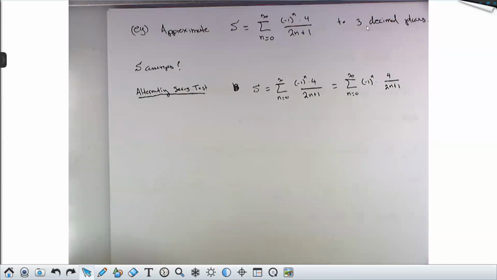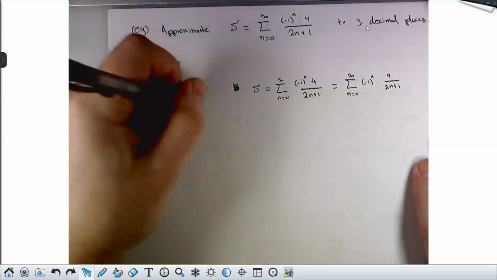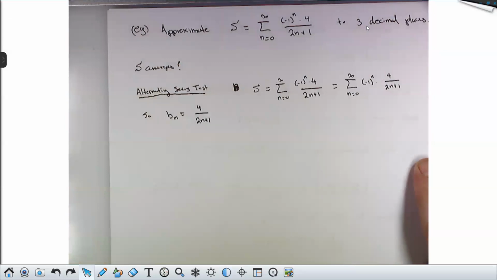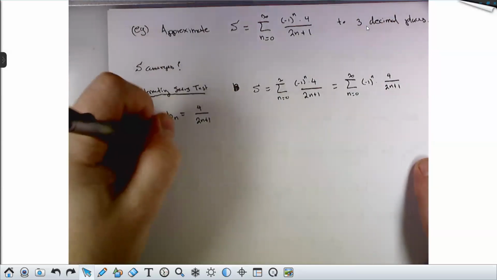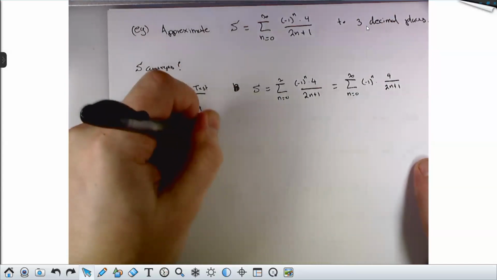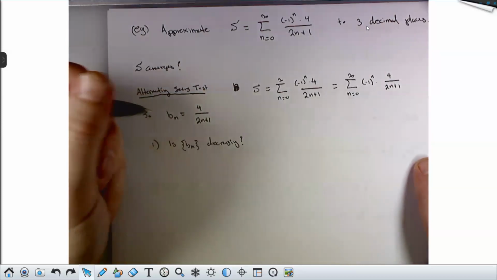So my Bn is 4 over 2n plus 1. It's the non-alternating part of the sum. Is Bn decreasing?